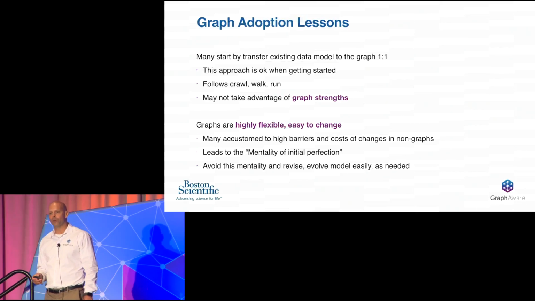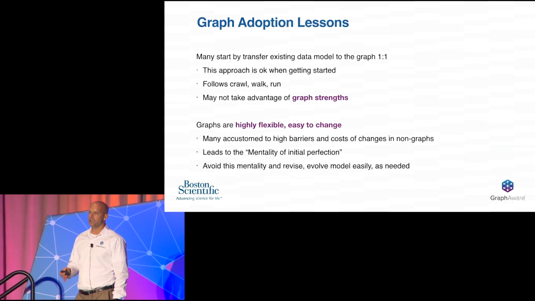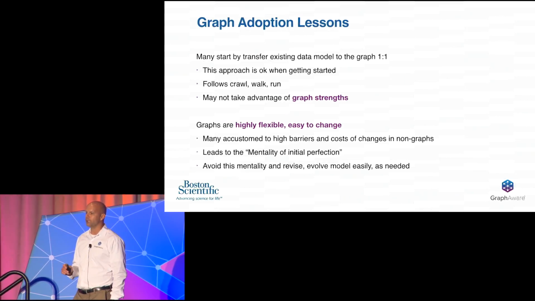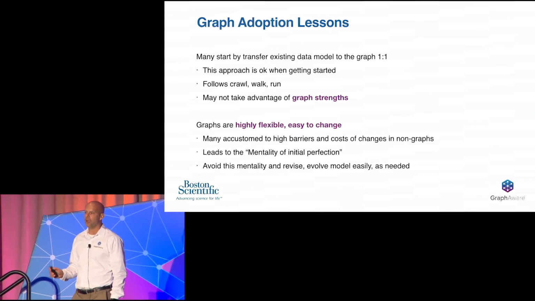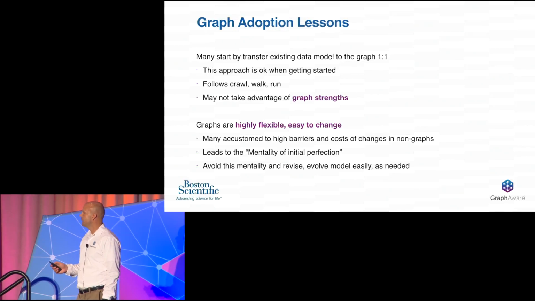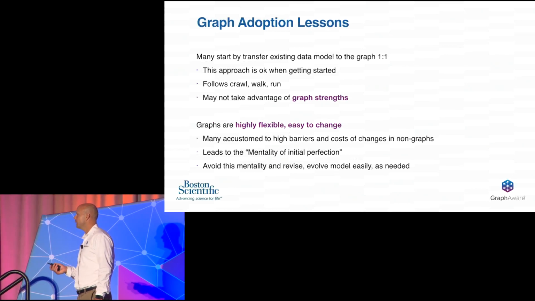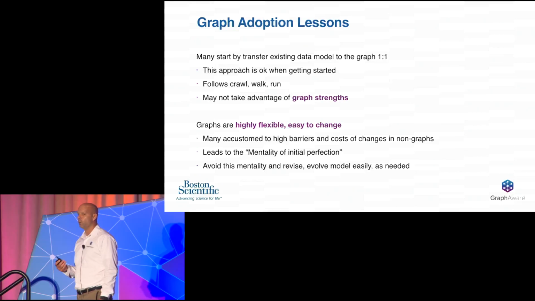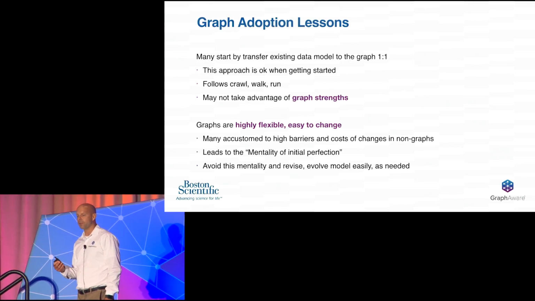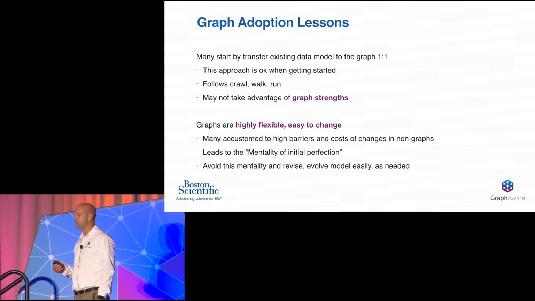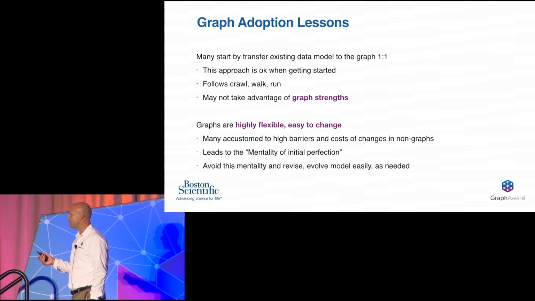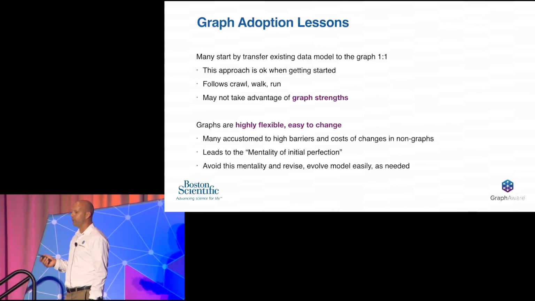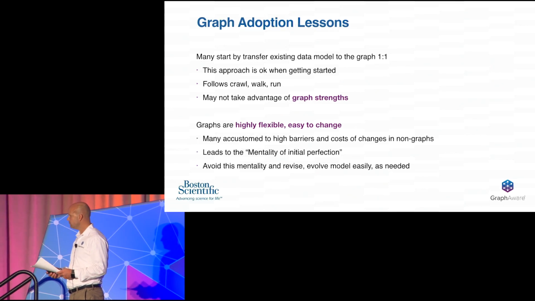I have to have it perfect before we launch, because once the ship has sailed, we're going to have to live with this system for its whole lifetime as it is, and we'll be stuck with it. But because graphs are highly flexible and very easy to change, we really try to encourage people to avoid this mentality and break themselves of it, because the simple reality is that you can revise and evolve your model very easily as needed.